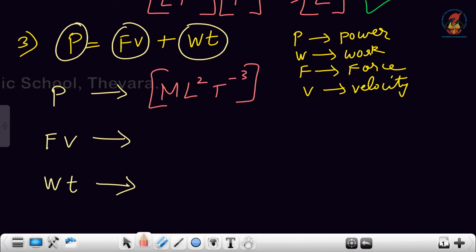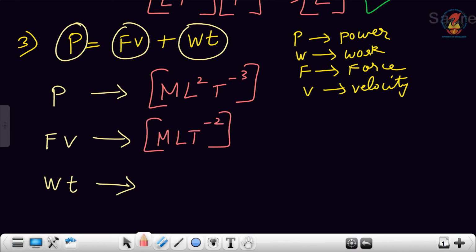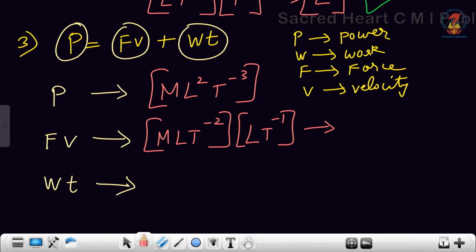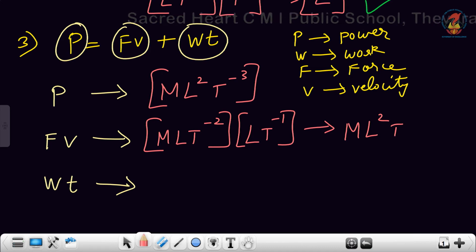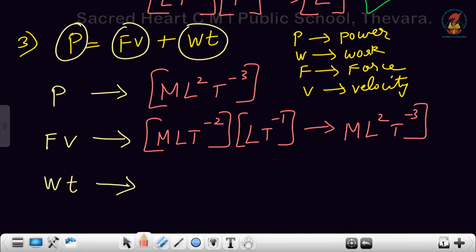Now F into velocity, dimension of force into velocity. Force is MLT^-2, velocity LT^-1. Now multiply both. So ML^2T^-3.